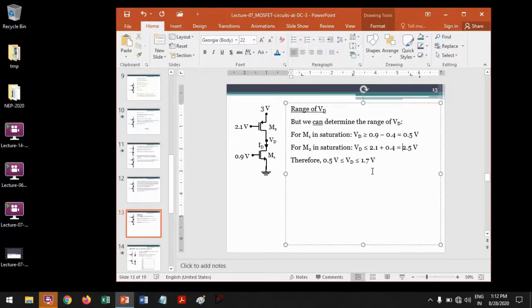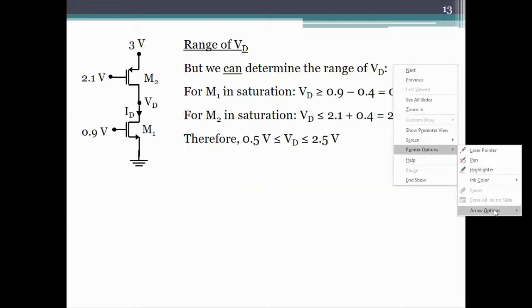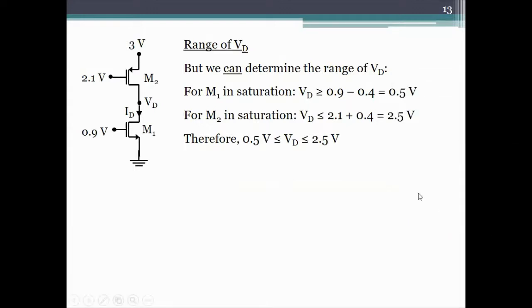So the range of drain voltages for which both transistors stay in saturation is 0.5 volts to 2.5 volts. And therefore, as long as M1 and M2 are in saturation, the voltage Vd can be anywhere between 0.5 and 2.5, and we don't know anything about it beyond knowing this range.